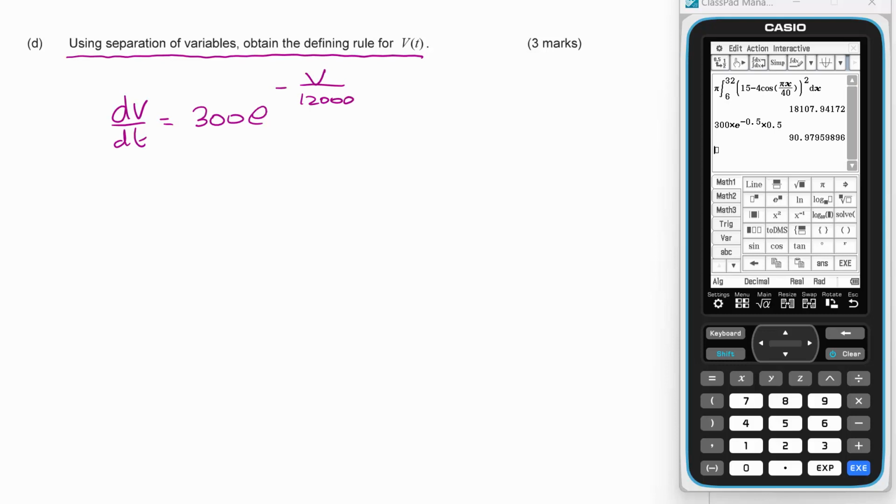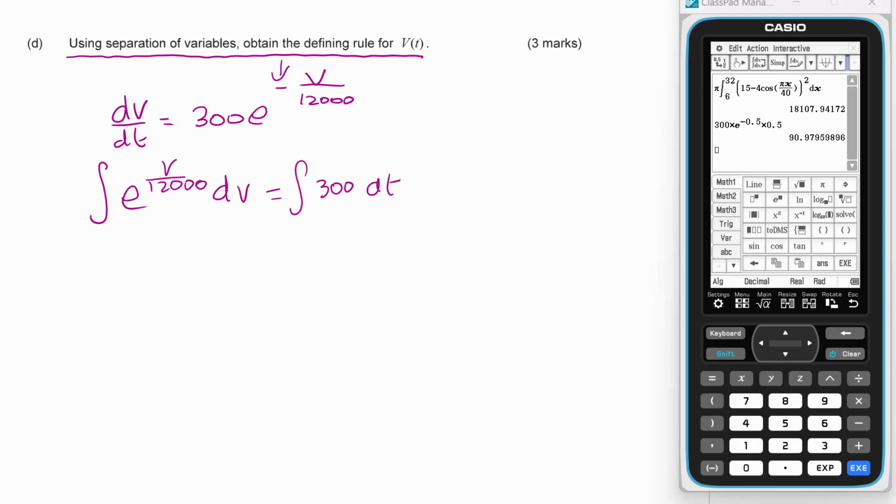So separating and integrating, note that this is e to the negative V over 12,000. On the other side, that will become e to the V over 12,000. Think of multiplying both sides by e to the V over 12,000. And the integral of that dV would be equal to the integral of 300 dt.